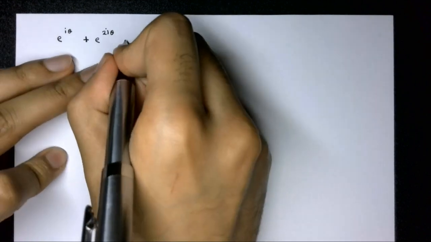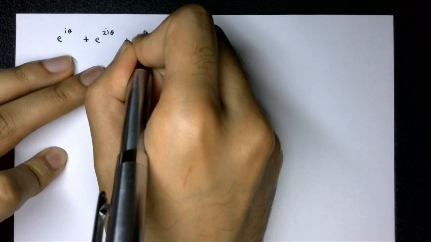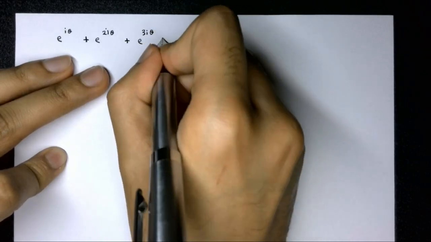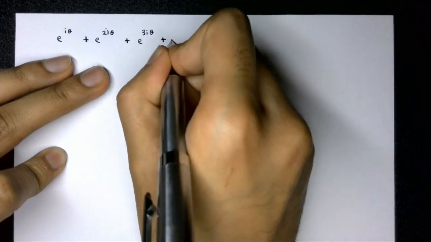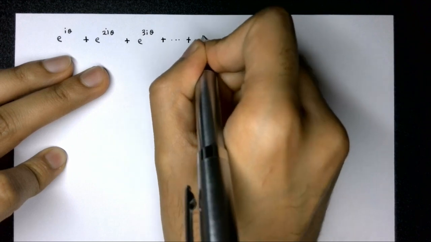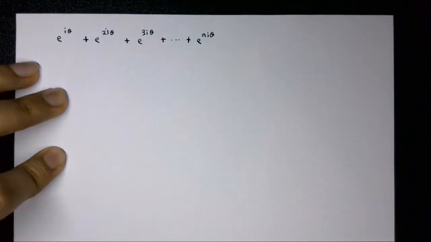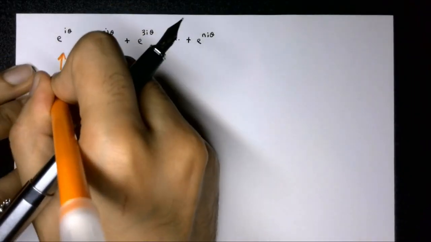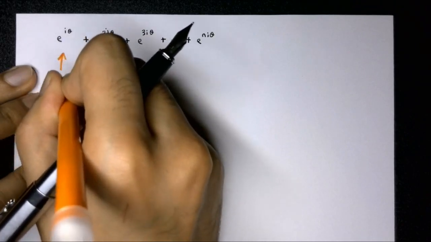The term after this, we have e to the 3i theta, and we can continue this up until we reach the nth term, where we have e to the ni theta. So we have over here our first term. So this is our first term.